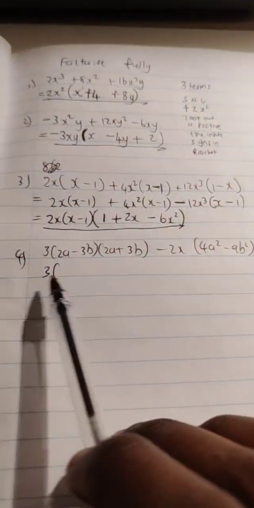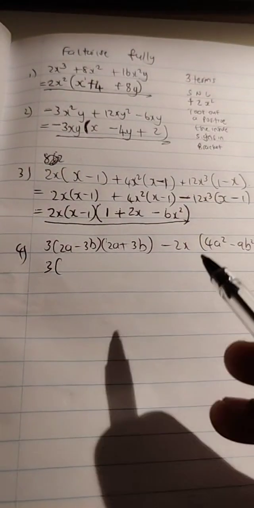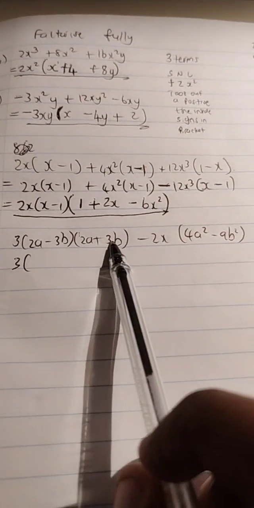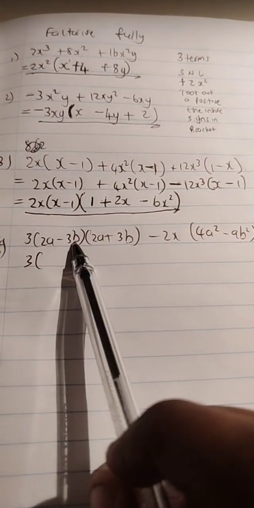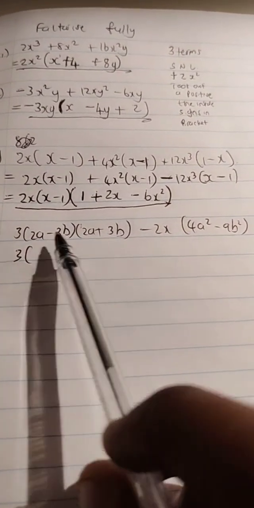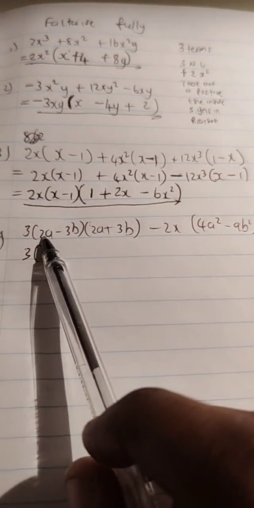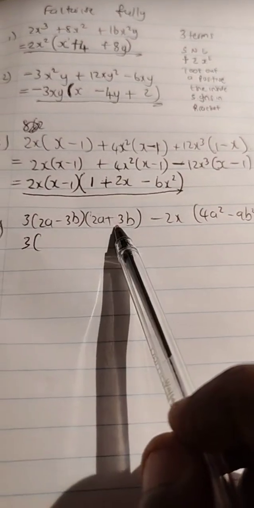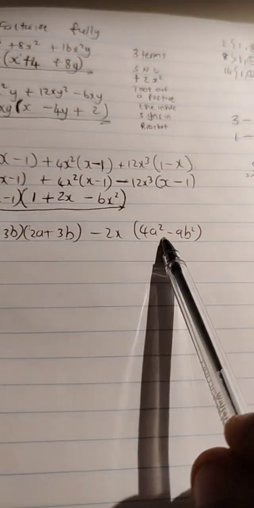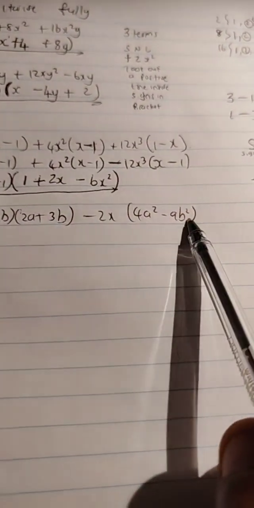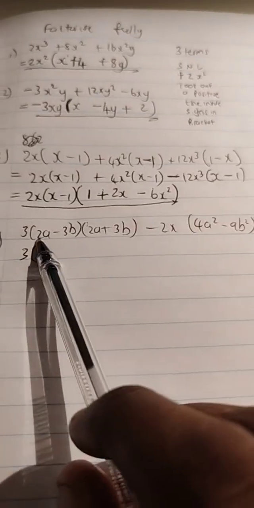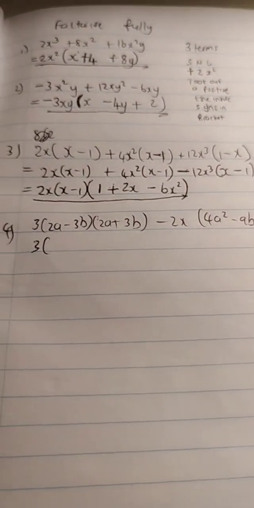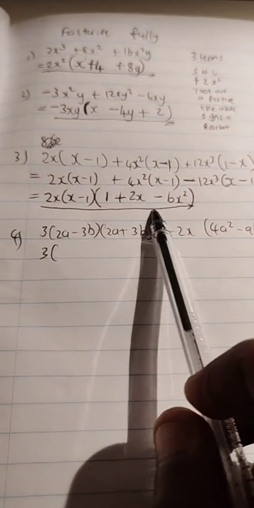Highest common factor. We obviously in this case don't have one, but what we can see as we look at the terms, is 2a minus 3b and 2a plus 3b. You can see that this is 2a times 2a and 3b times 3b with a negative and a positive. So this is the same as 4a squared minus 9b squared. This and that are the same. In other words, these are common.